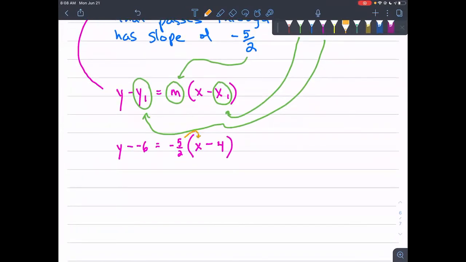Distribute there. So this is going to be now y plus 6 equals -5/2x. And here we've got a negative times a negative. Be positive.